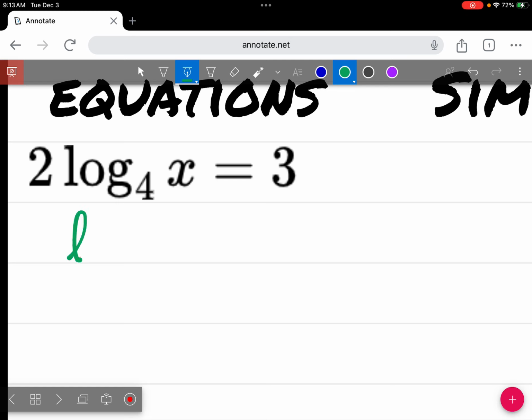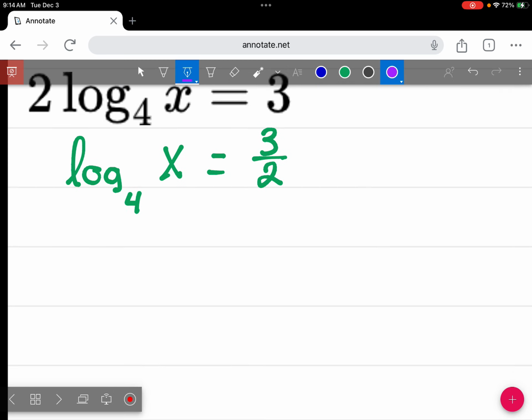So it's going to give us log base 4 of x equals 3 halves. Then what? 4 to the 3 halves equals x.